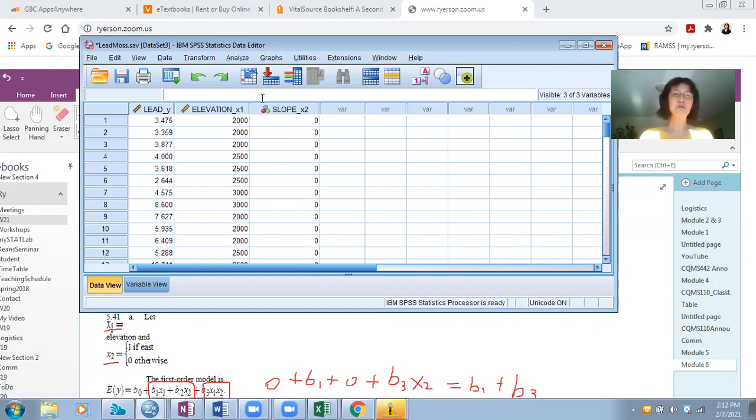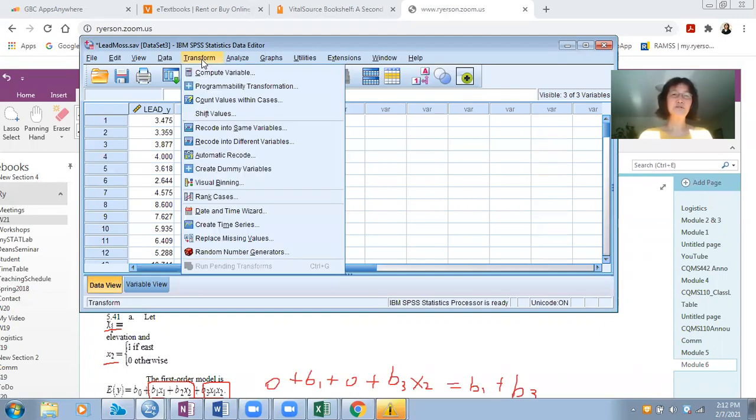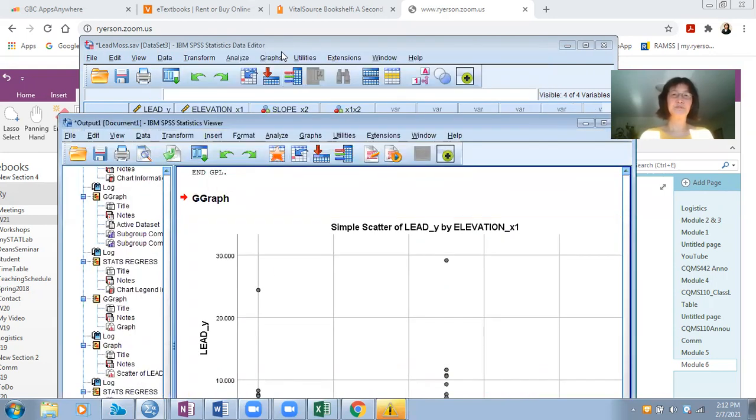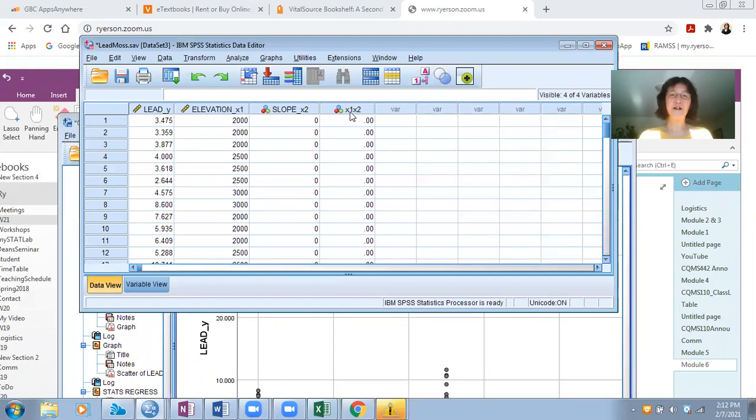So I will go to Transform, Compute Variable. And then I'm going to create x1 times x2. So this is x1 times x2, and then click the OK button. So now I have x1 times x2.